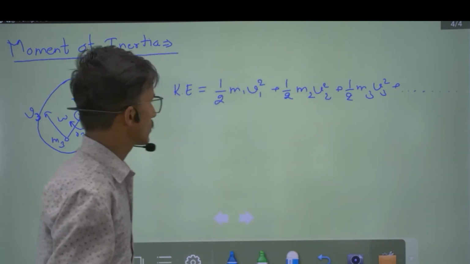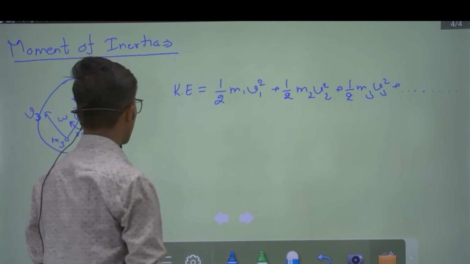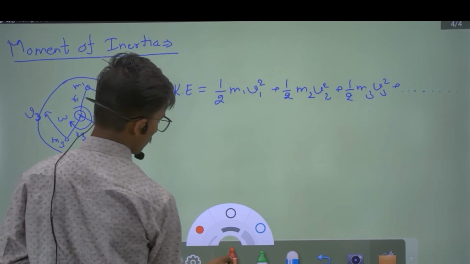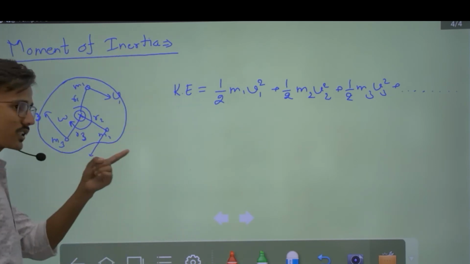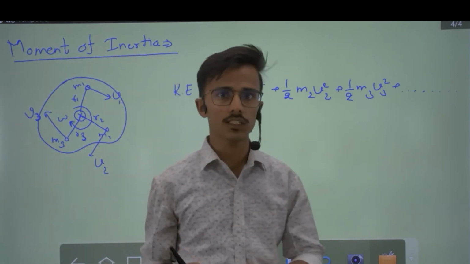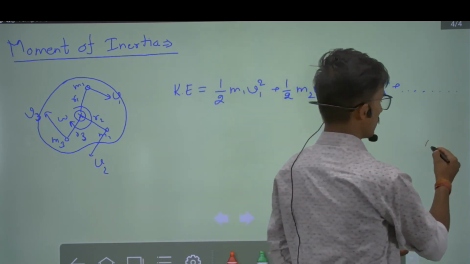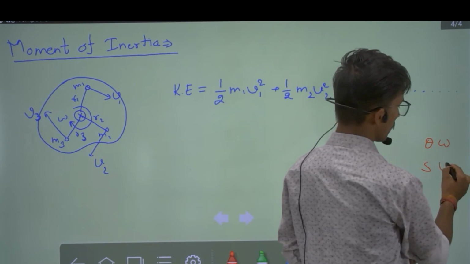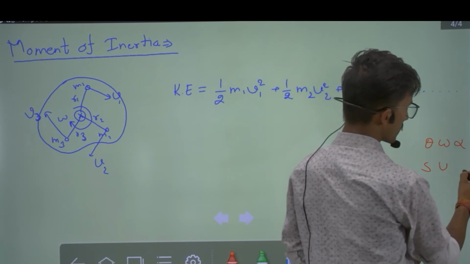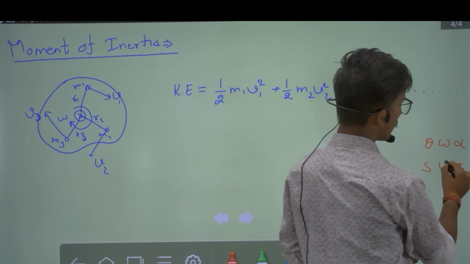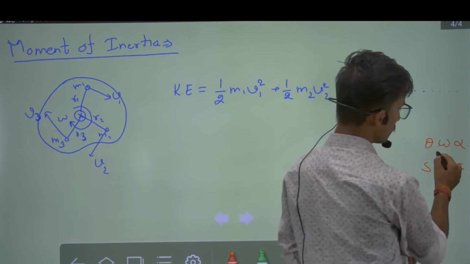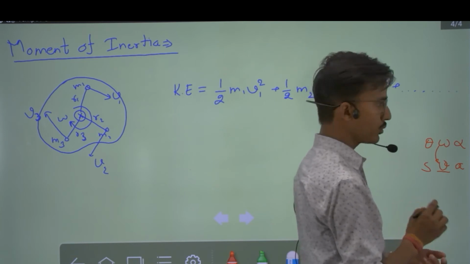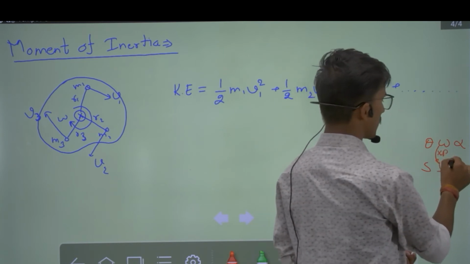Right. So now we can calculate the value of v1. How? As I just told you before, the relation between theta, displacement, angular velocity, angular acceleration and acceleration. If you want to calculate a velocity out of angular velocity, then you need to multiply it by r.